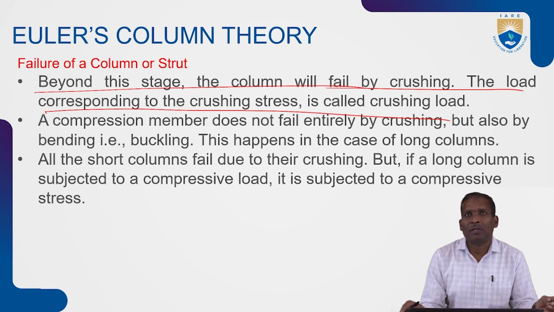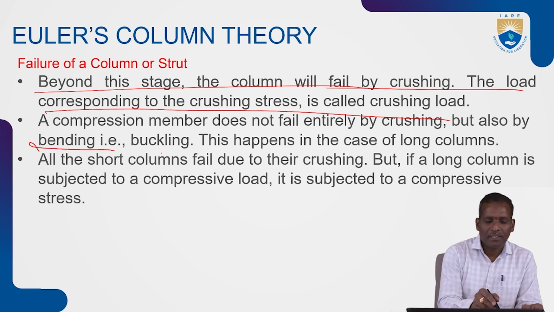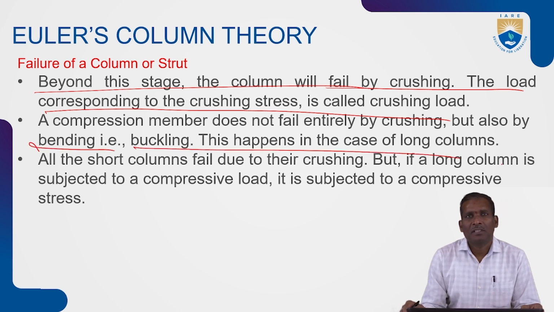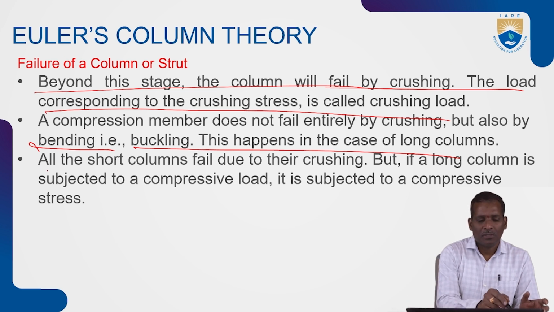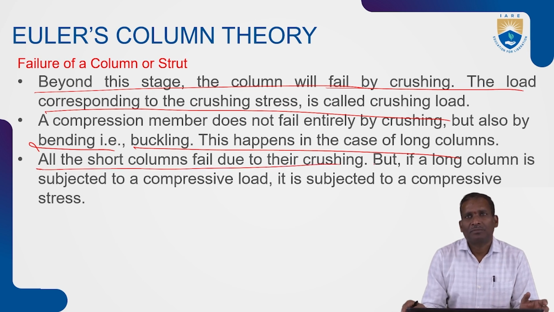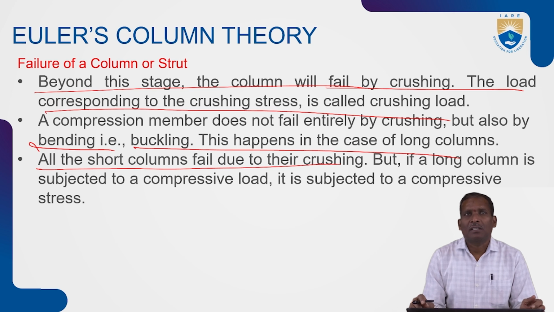The compression member does not fail entirely by crushing, but also by bending. So that is buckling. This happens in the case of long columns. All the short columns fail due to crushing. But if a long column is subjected to a compressive load, it is subjected to a compressive stress.